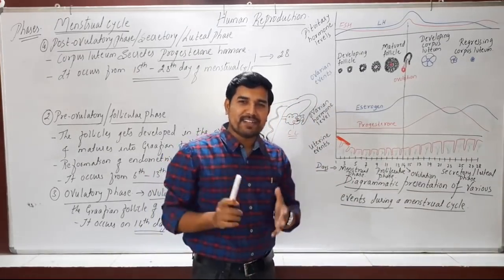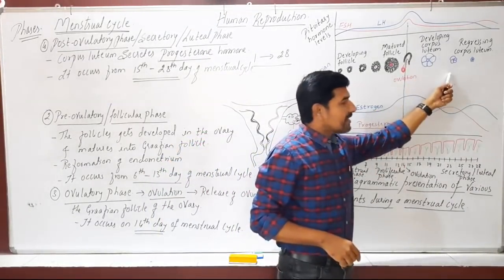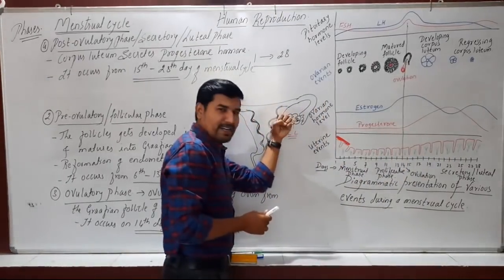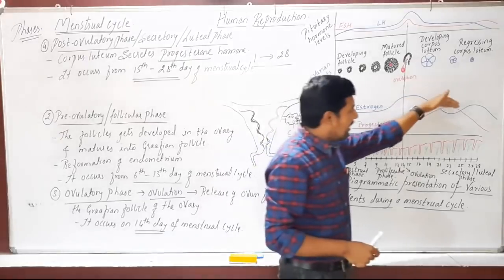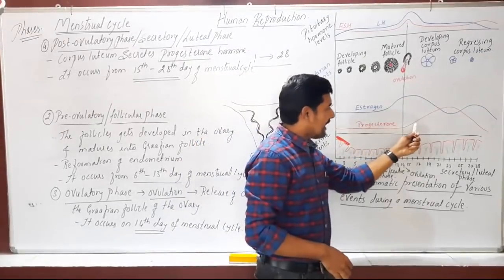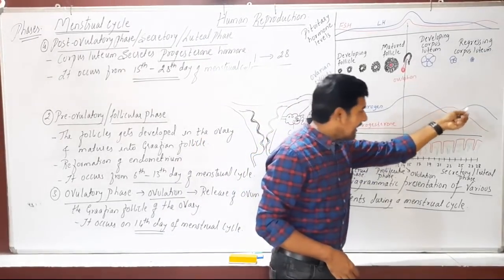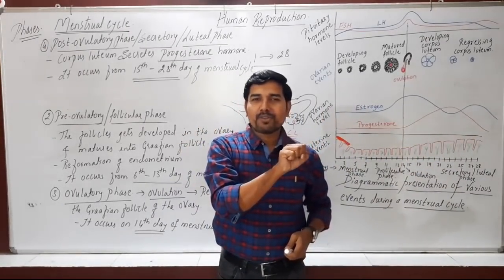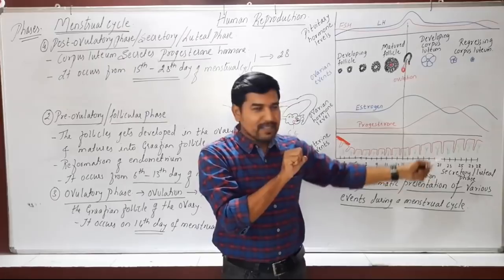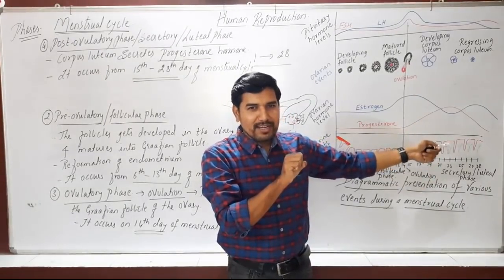Regression meaning degeneration. When it undergoes regression, it stops releasing progesterone, and hence the level of progesterone, which initially increases after ovulation, decreases because corpus luteum gets converted into a degenerative form called corpus albicans, and hence the level of the progesterone decreases there.